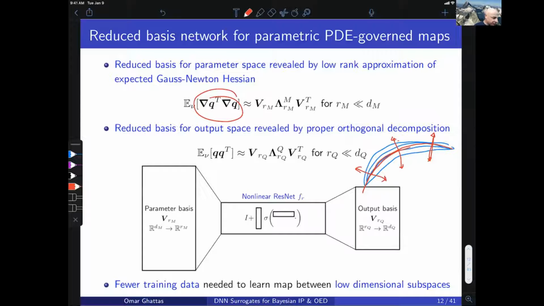Now, generally, if you use this device to find a reduced dimensional subspace, you are using Occam's razor to eliminate all the fat, essentially the null space of this expected Hessian. That takes away all of the directions in parameter space that are irrelevant, in which the parameters don't affect the observables universally, regardless of where you are in parameter space, and that tends to be infinite dimensional.